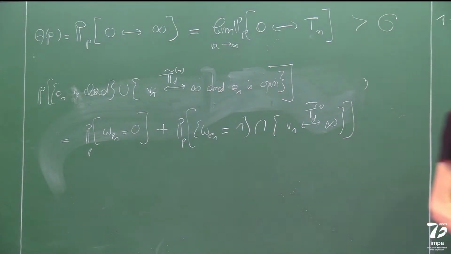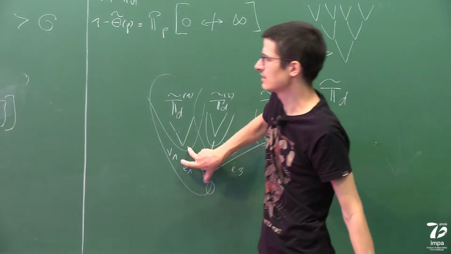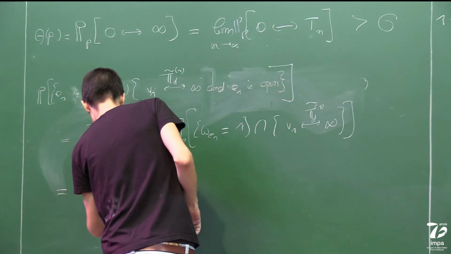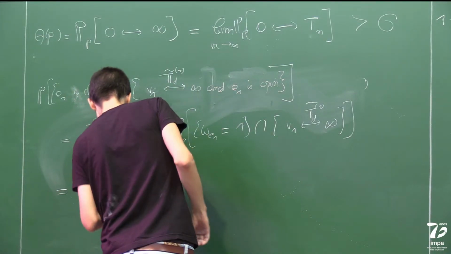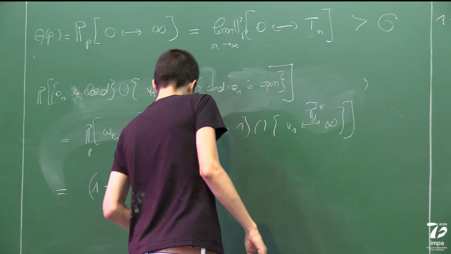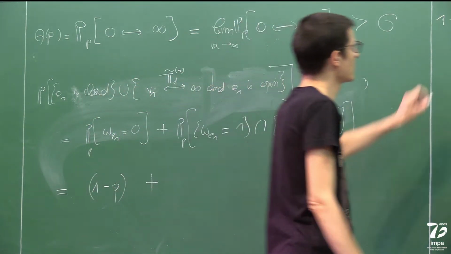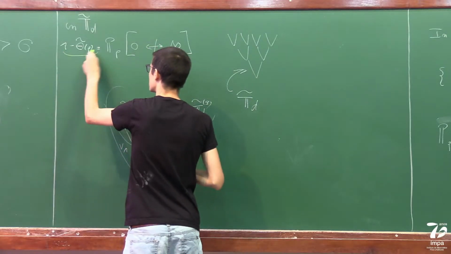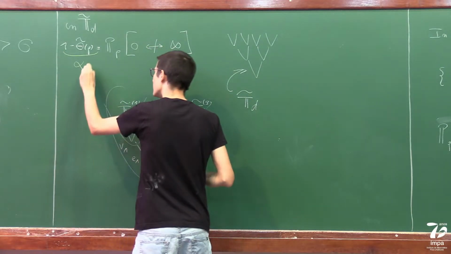One only depends on the edges in this subtree, and the other depends on this edge. So this probability is equal to 1 minus p, plus p times alpha, if I call this probability alpha.